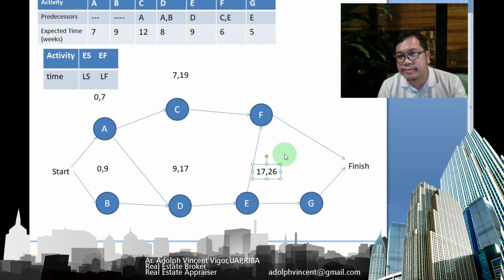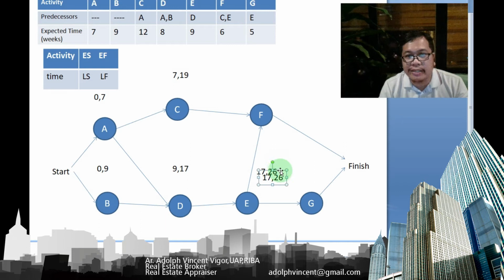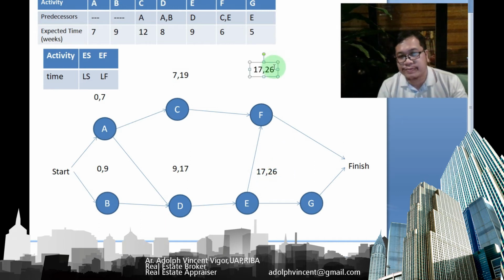Okay. Now let's go to F. F is a little bit complicated since it has two predecessors, C and E. So we choose the higher value. The higher value here is 26 weeks for the early start. So we have 26 plus 6, that's 32 weeks.